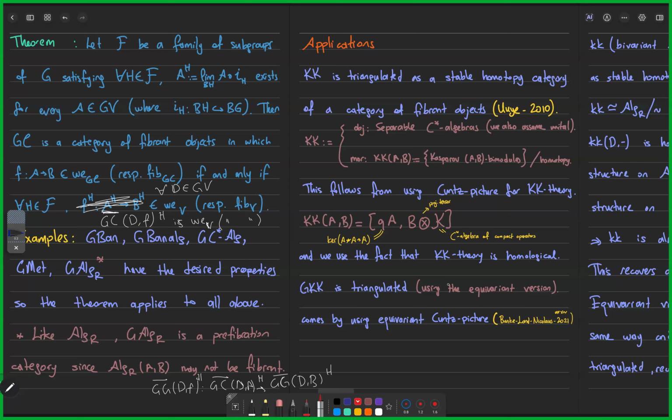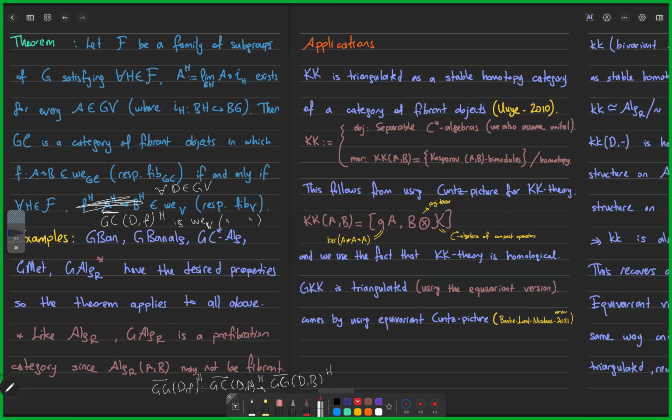And this functor here, KK(A,-), is a homological functor. So by using this, Uuye defined a category of fibration objects structure on this category KK and showed that KK is a triangulated category.